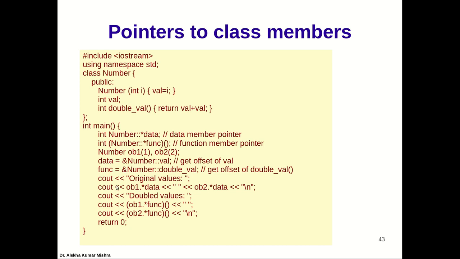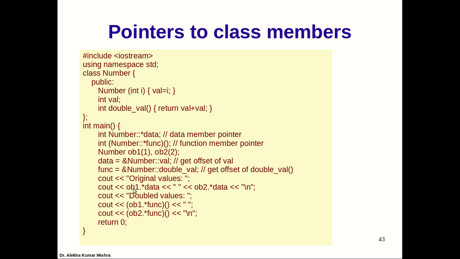Now through them we can access, because they are pointers, we have to use the pointer dereference operator. To print the val of a particular object, let's say we take ob1, we cannot print directly because they are private, but since we have done public access here, it is only possible because this offset assignment is only possible after making this particular member public.